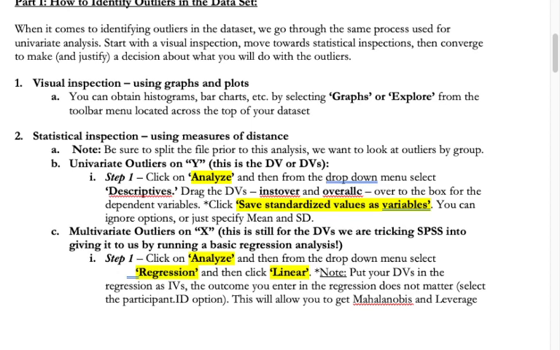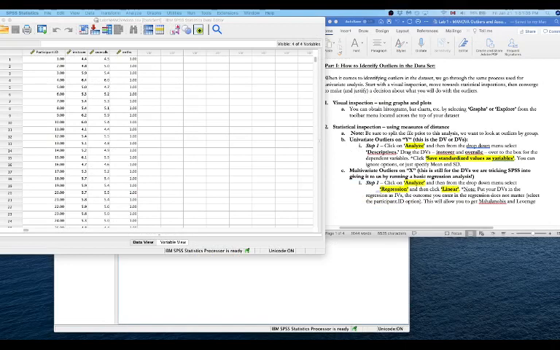And then in lab on Monday, which will be at 9, we will start actually interpreting this, seeing if these assumptions are met and what to do about them if not, and actually running the MANOVA. So with that, here we go.